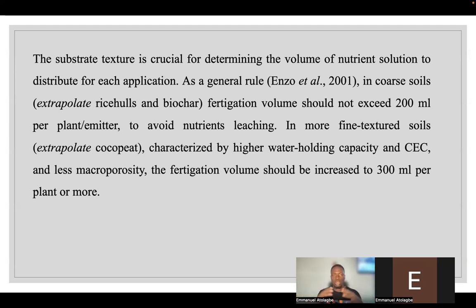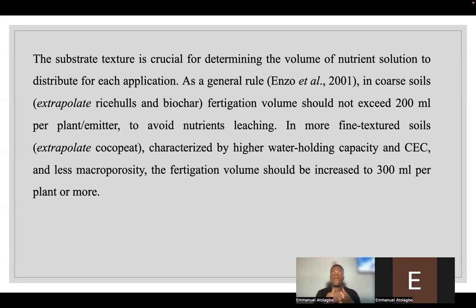So extrapolate Rhizol and biochar to your traditional sponge, the one made from wood. You have a lot of escape.